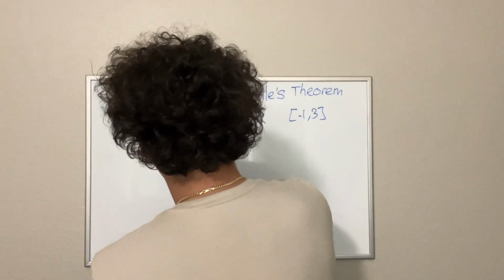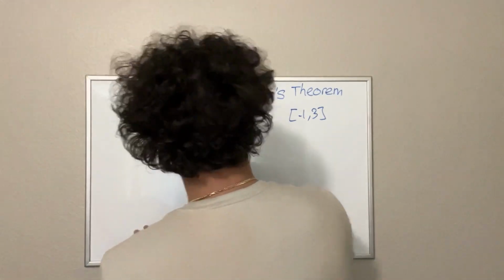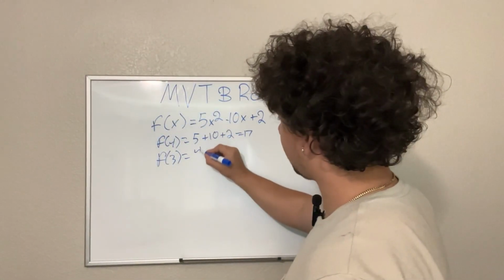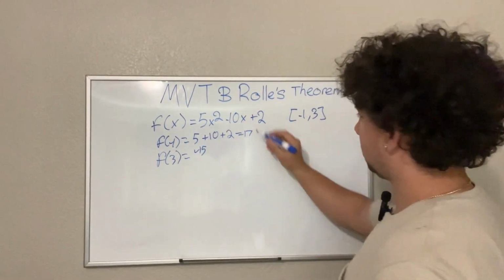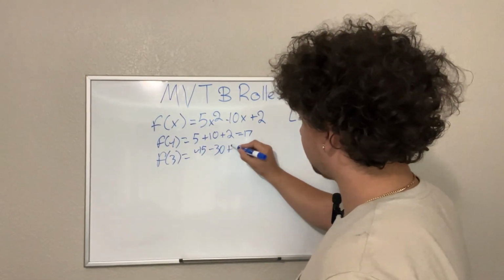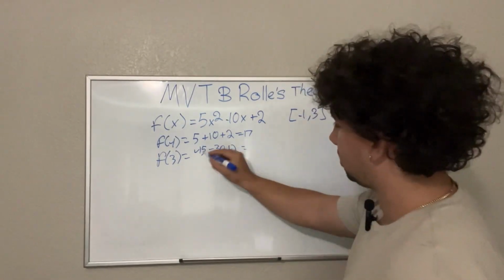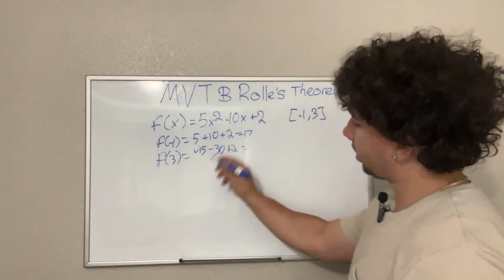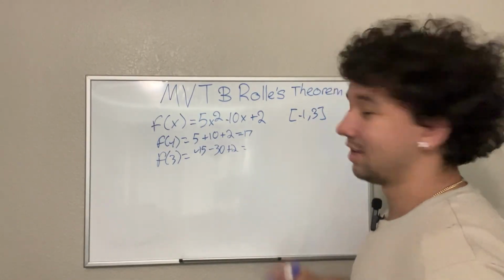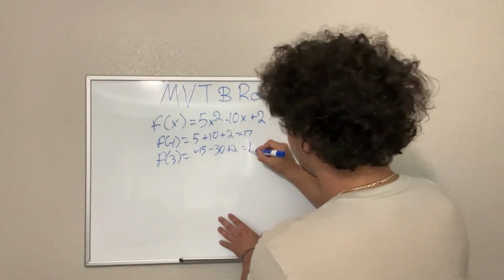Okay. F of 3 is the next thing that I got here. Okay. 3 squared is 9 times 5 is 45. 3 times -10 is -30, plus 2. 45 minus 30, sorry, is 15, plus 2 is 17.